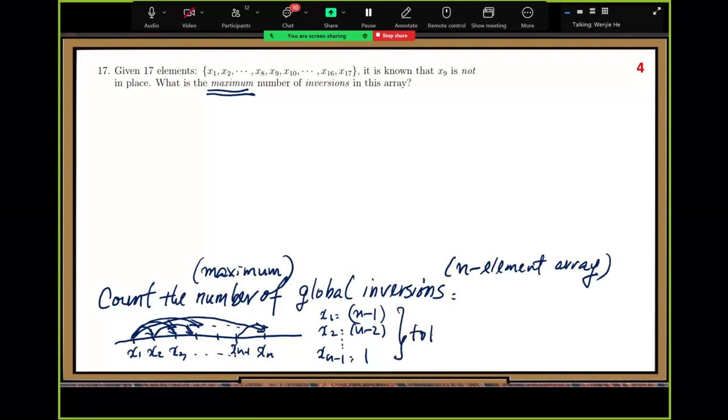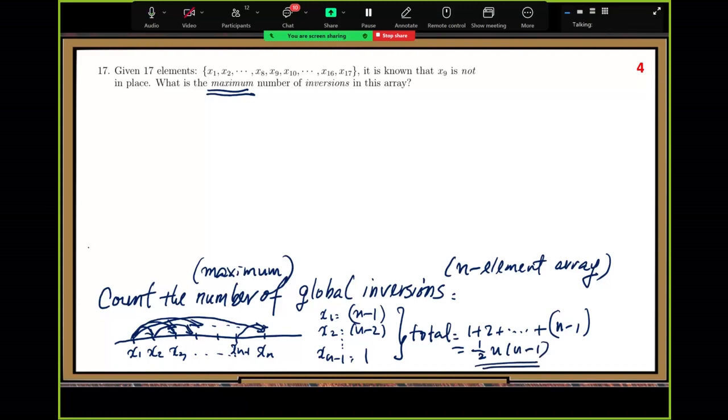Then the total number of inversions, that's the maximum: 1 plus 2 plus dot dot dot plus n minus 1. We know the formula, 1/2 times n times n minus 1. All right. So this is the general result.